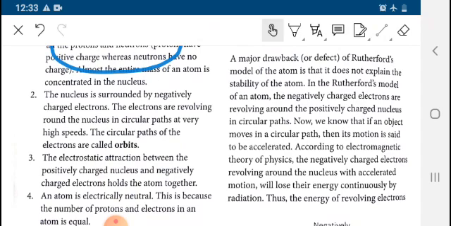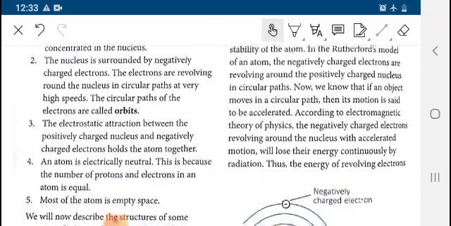There is a force of attraction between the nucleus and the electrons which are revolving in the circular orbit. Overall, the atom is electrically neutral. This is because the number of protons and electrons in an atom is equal.